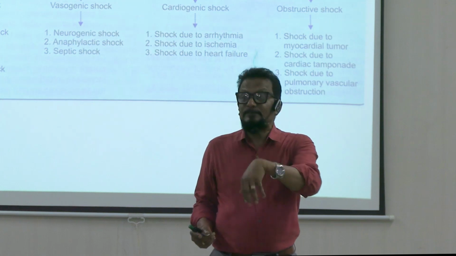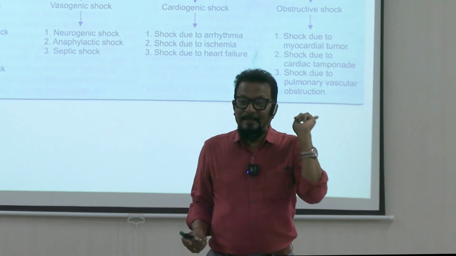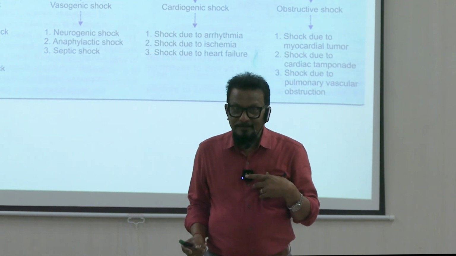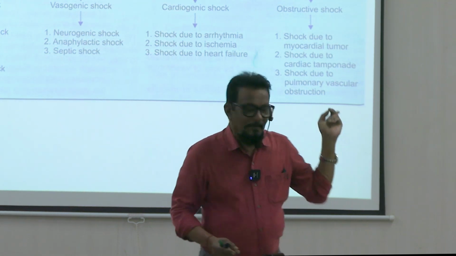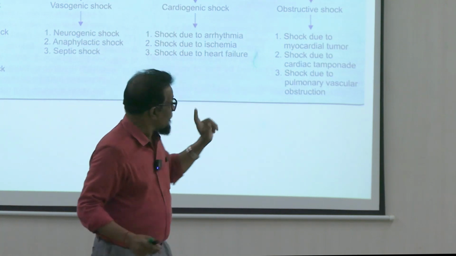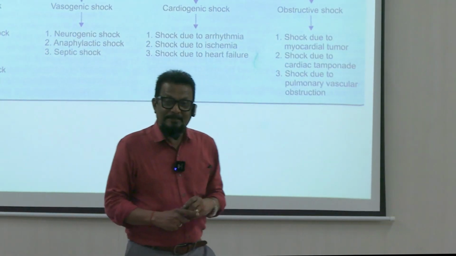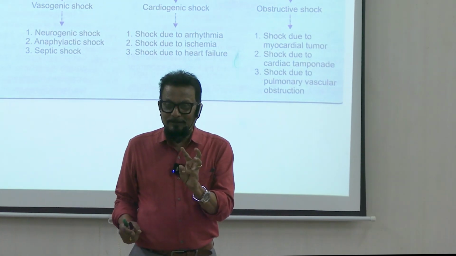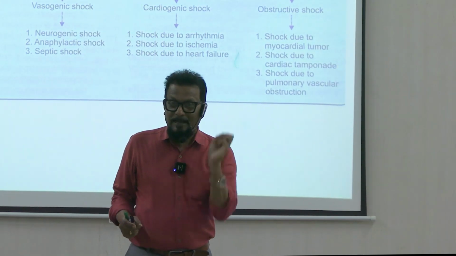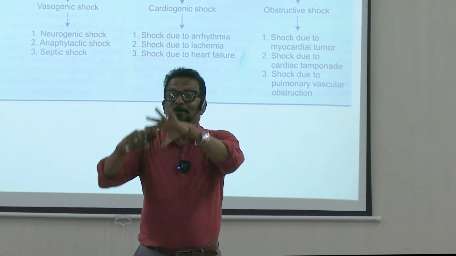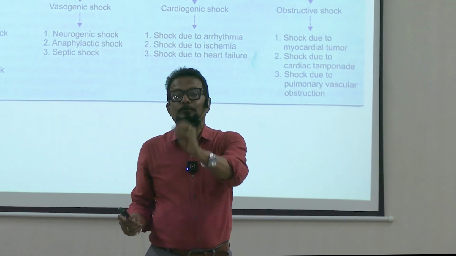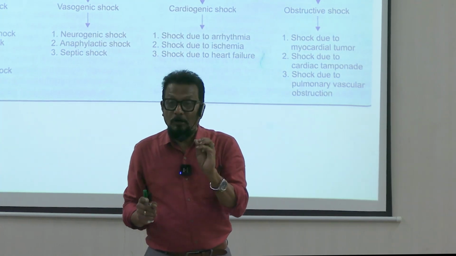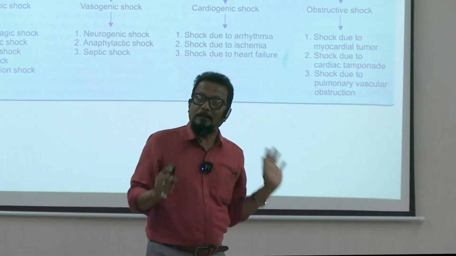When the requirement is more and supply is less, it is called heart failure, cardiac failure. So in cardiac failure, the heart cannot supply blood, oxygen, and nutrients to the tissues according to their demand. This condition is called heart failure or cardiac failure.